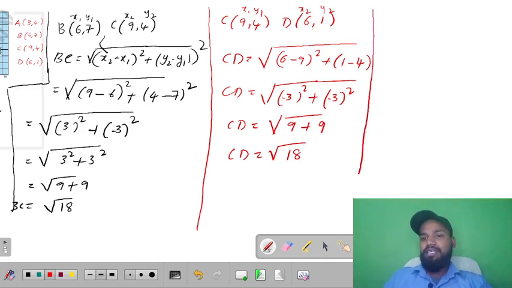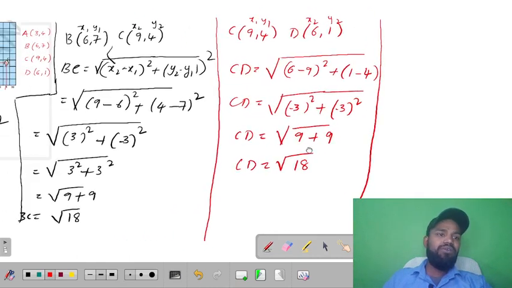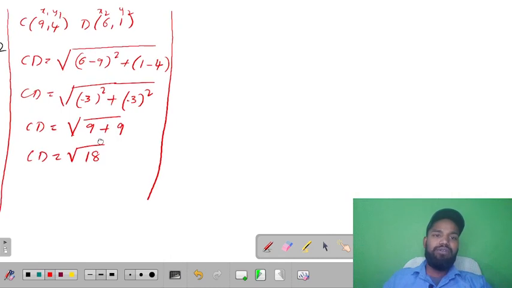Next, what are we going to do? AD. AD or DA both are the same, right? So I am going to find AD right now. What is the A value? The A value is (3, 4). The D value is (6, 1).